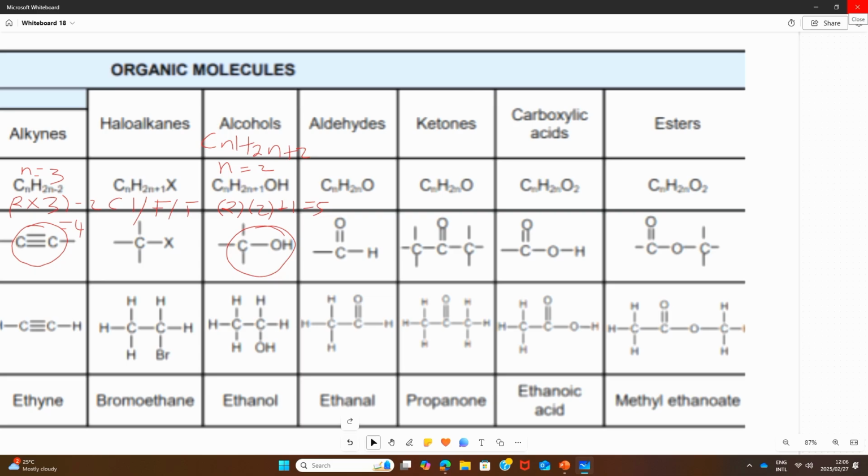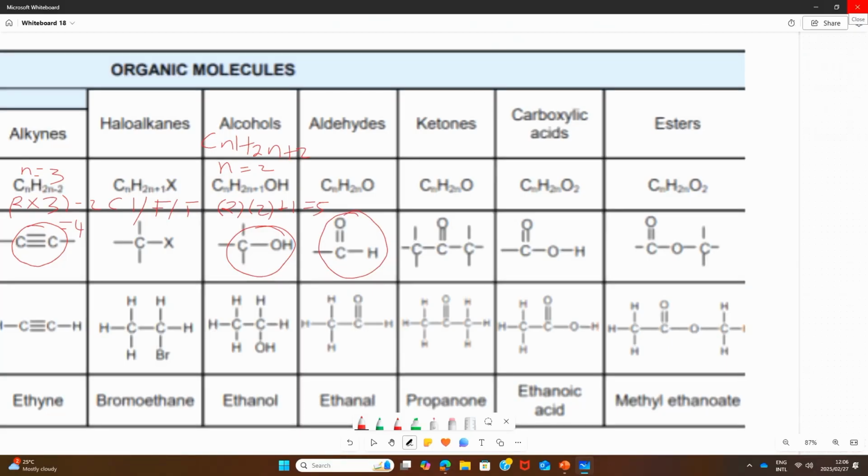The next homologous series that we have is aldehydes. Now, aldehydes, how will you see that your compound is an aldehyde? It's going to have this carbon, which has been double bonded to an oxygen, and this carbon is going to be your first carbon in your structure. We are going to do these structures and you'll understand what we mean by saying a first carbon.